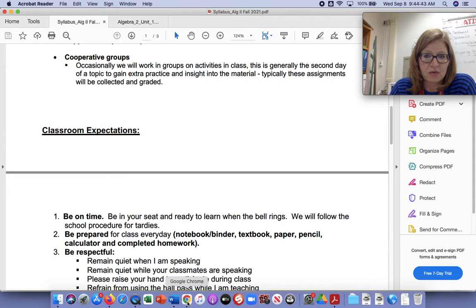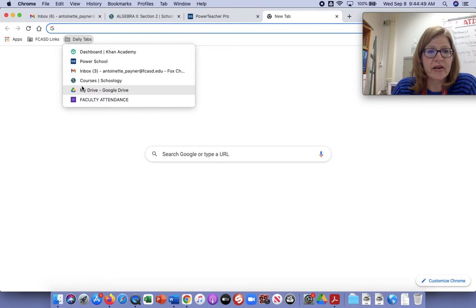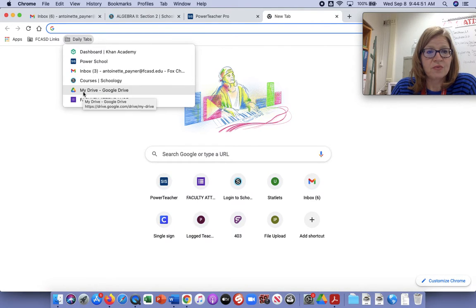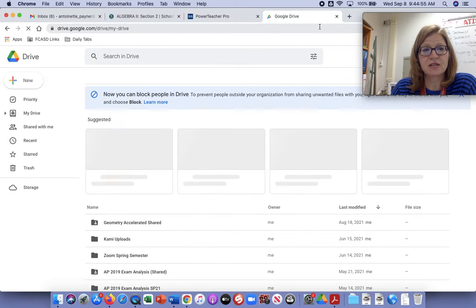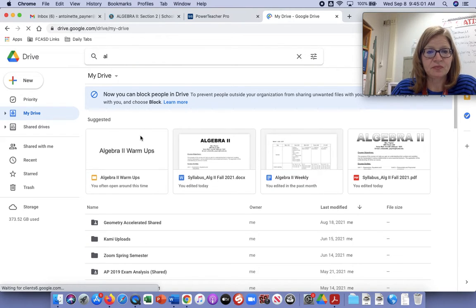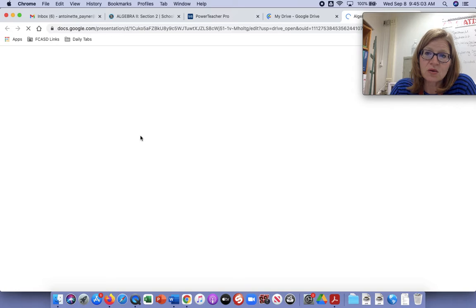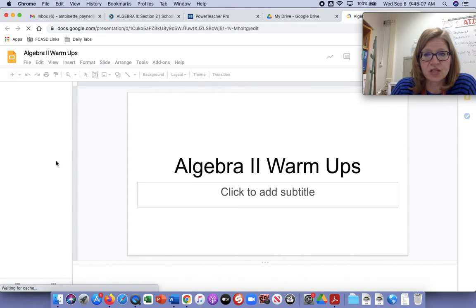Basically, the way class is structured is that each day I start off with a warm-up. I just have a Google slide document here, and I'll project a problem on the board for them to work on.